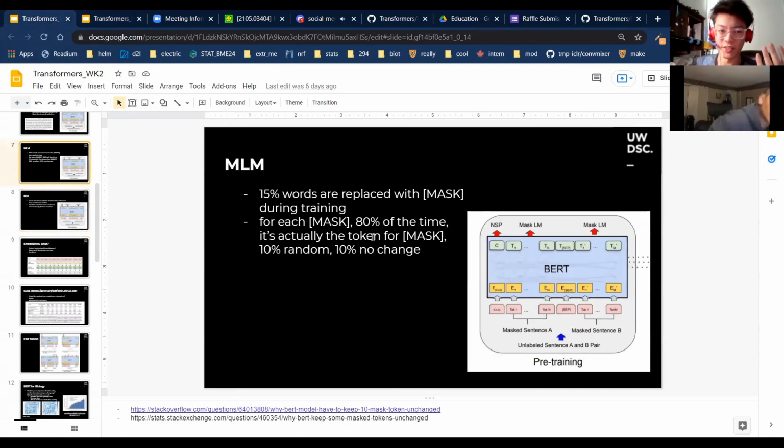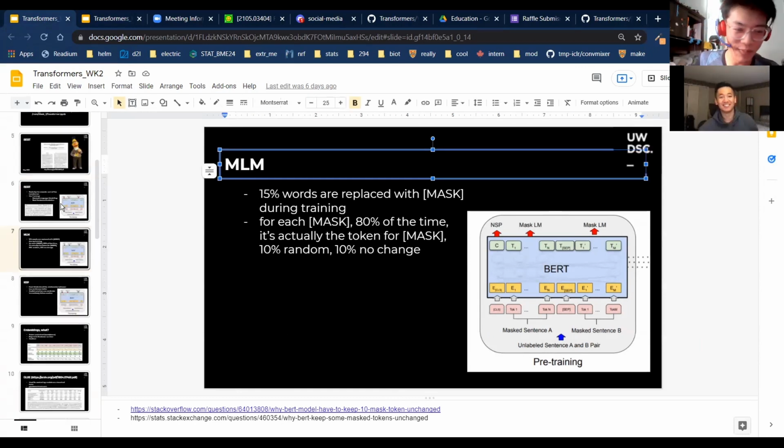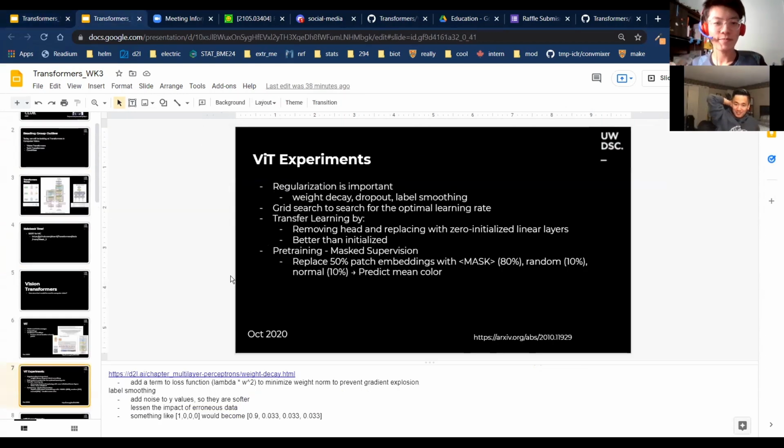They also just mask out some of the words and predict what word that is. I forgot what it stands for anymore. It's masked something modeling. Oh, masked language modeling? Yeah, I think it's masked language modeling. That's actually interesting.